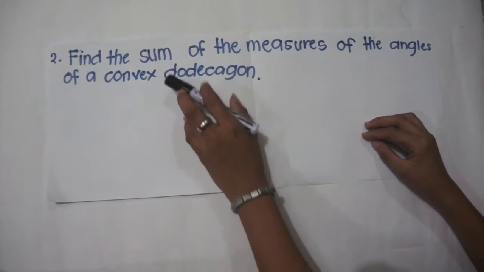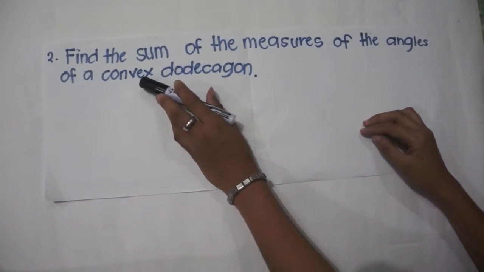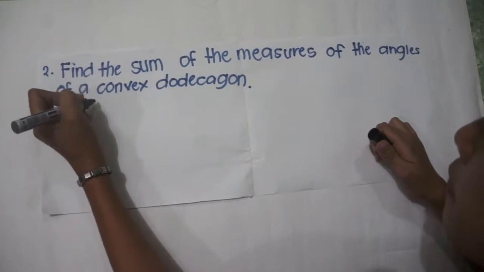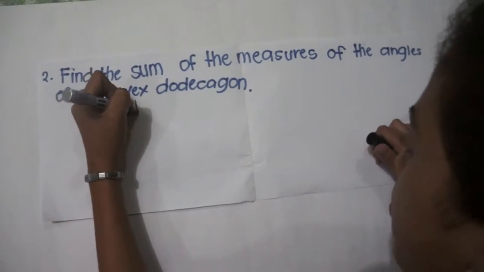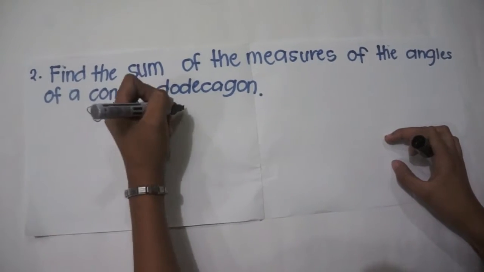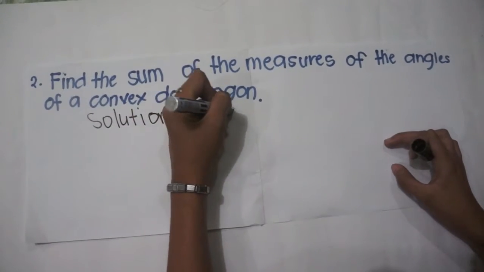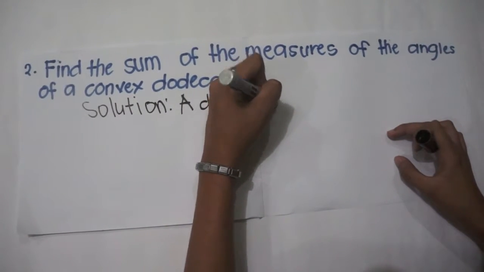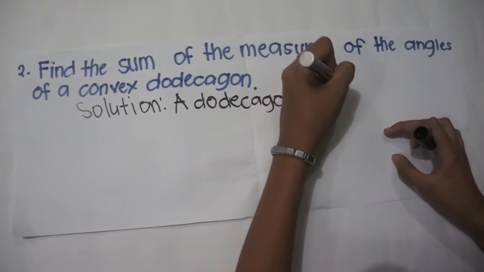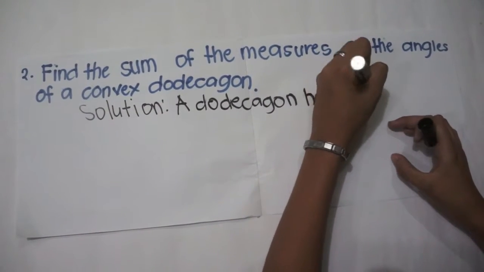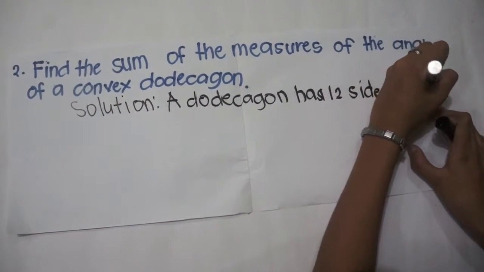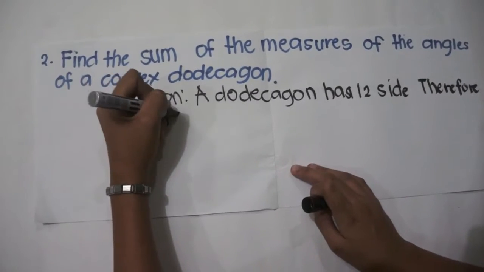So we have example number 2. Find the sum of the measures of the angles of a convex dodecagon. Solution. We all know that a dodecagon has 12 sides. Therefore, n is equal to 12.